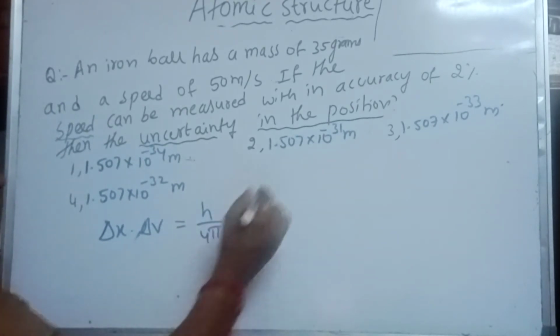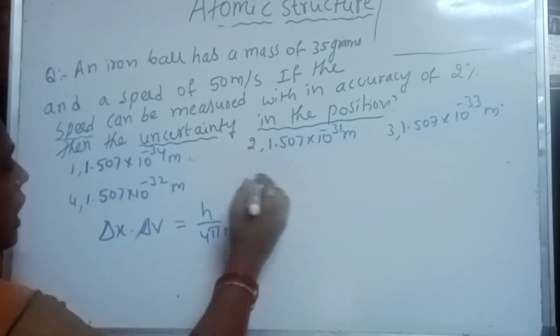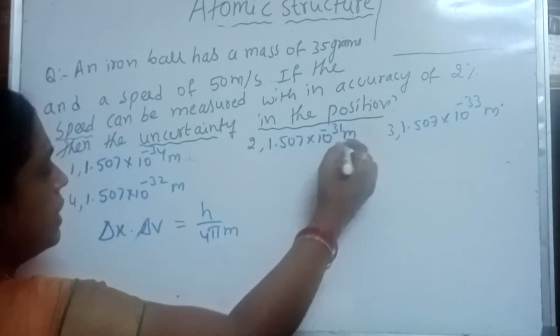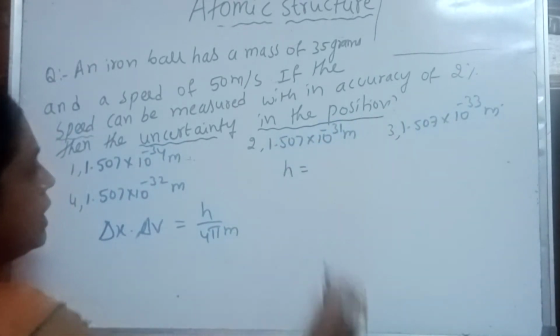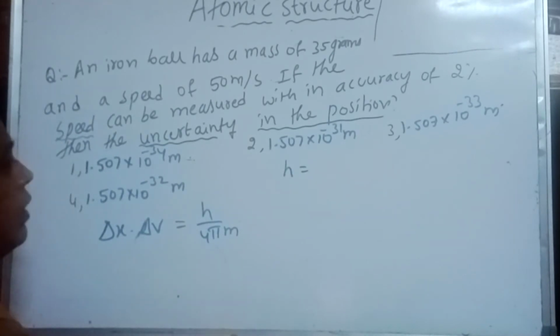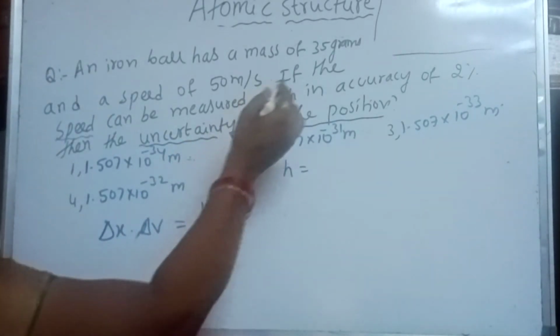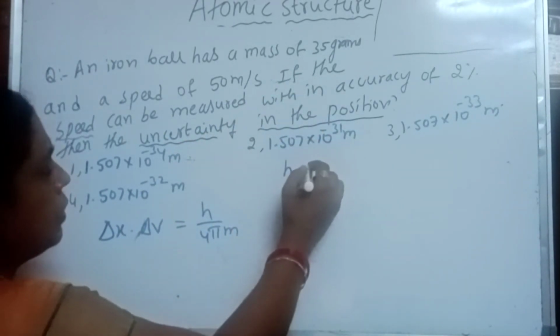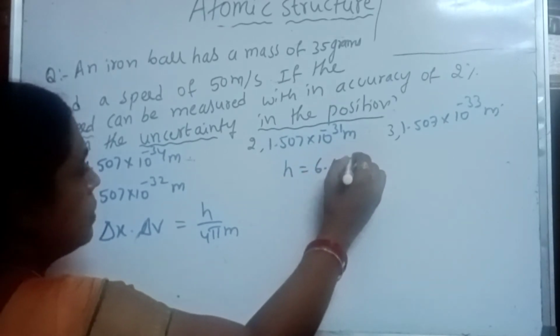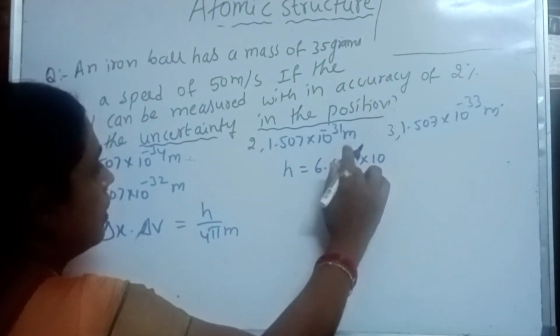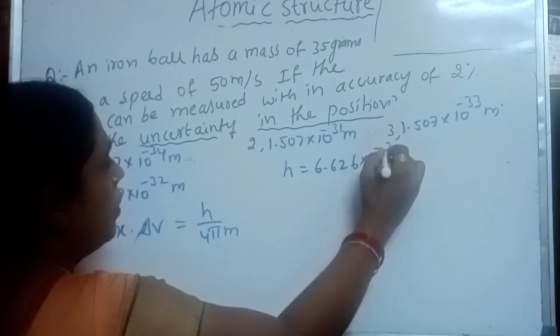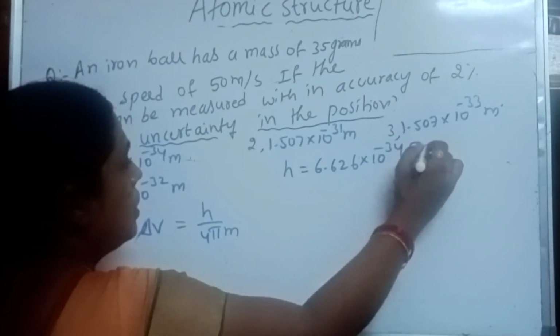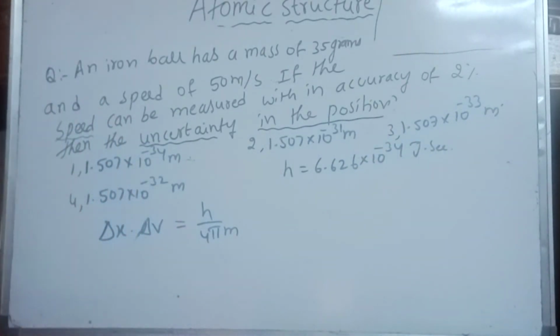In SI units, the position is given in meters, so we take the h value as 6.625 or 6.626 into 10 to the power of minus 34 joule seconds.